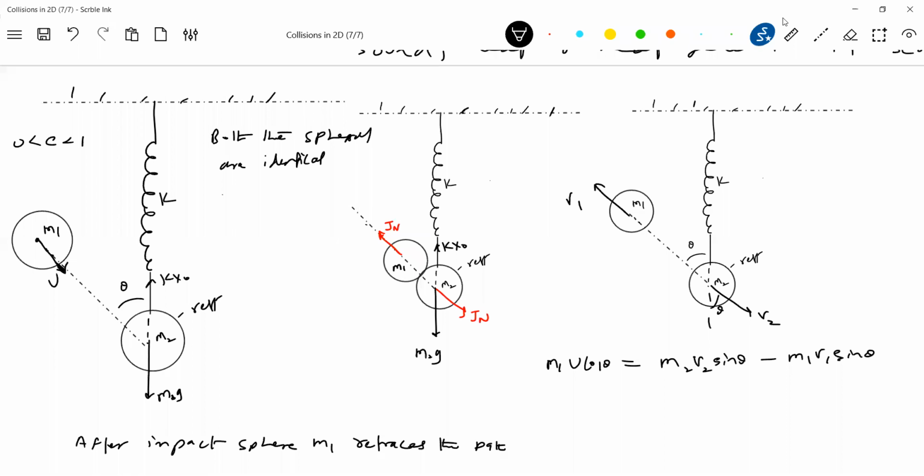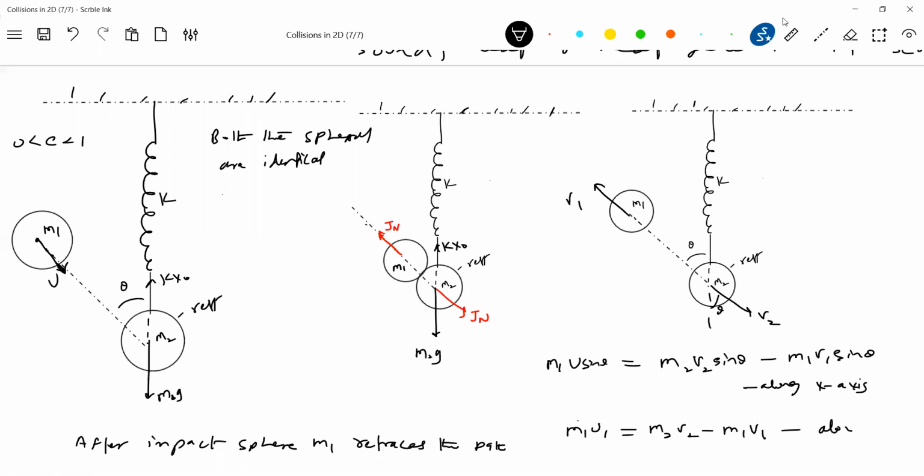Then, now can I conserve momentum along line of impact? Yes, you can conserve along line of impact also. Along line of impact, m1 u1 is equal to m2 v2 minus m1 v1.